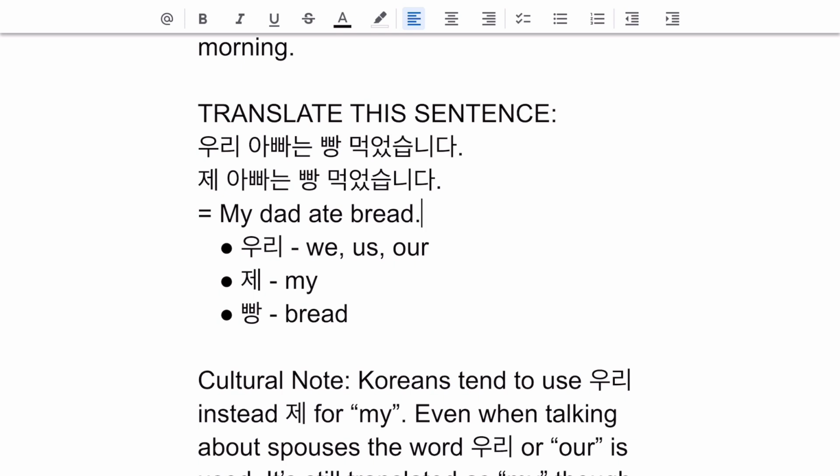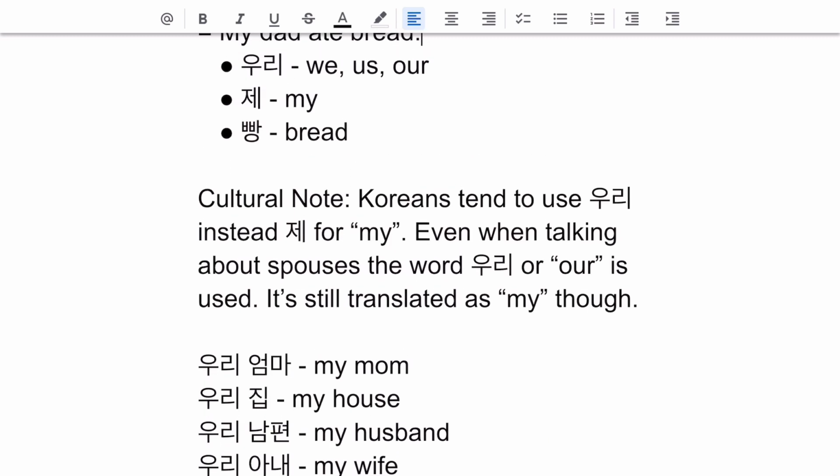The reason I have one version with 우리 and one version with 제 is because this is a cultural thing. A lot of times Koreans are going to use 우리 to say my when talking about a family member. So 우리 엄마, my mom, 우리 집, my house. Sometimes it could just be our house, our mom, but a lot of times, even if you're only saying my, like my husband, my wife, obviously it's not everyone's wife. I mean, hopefully not.